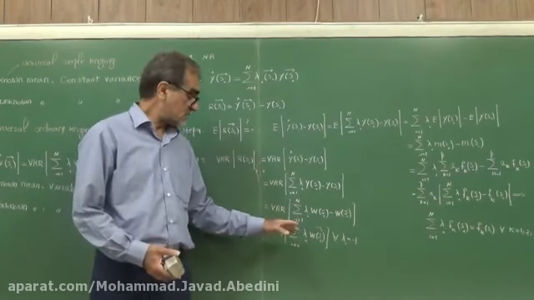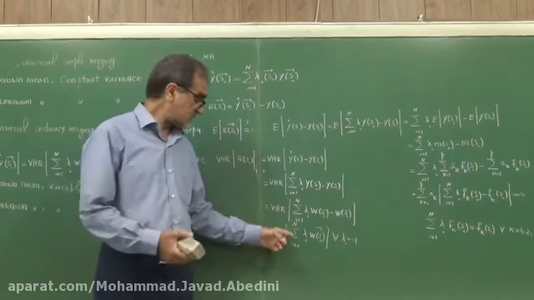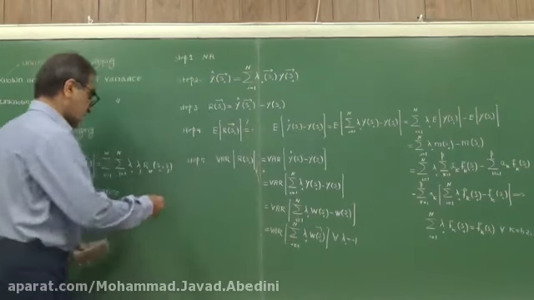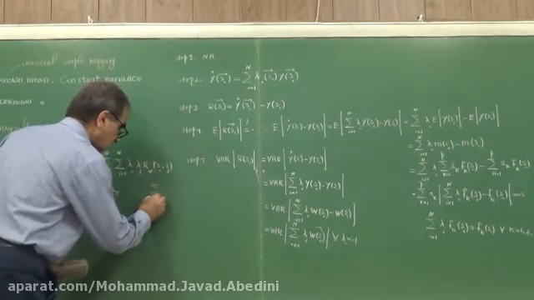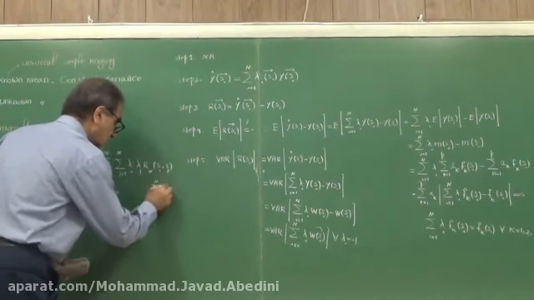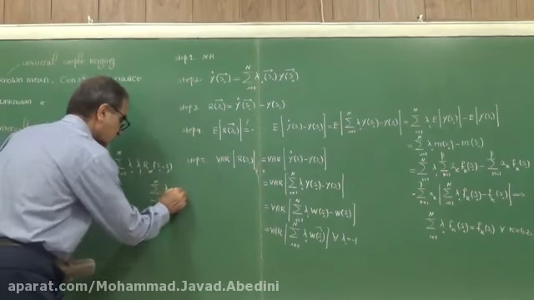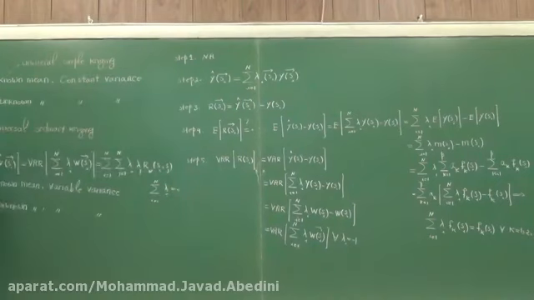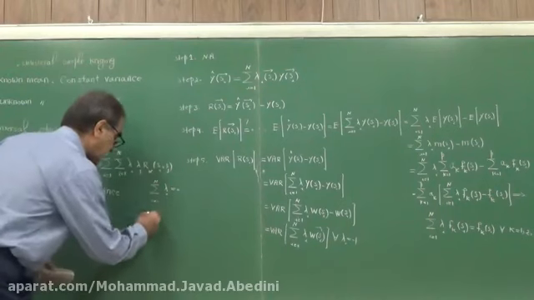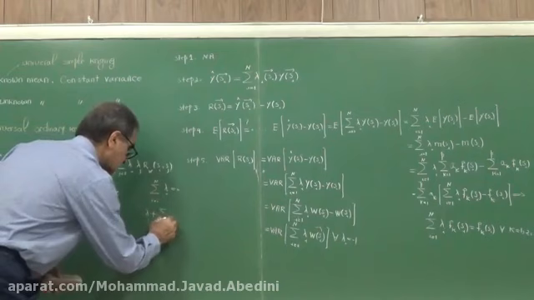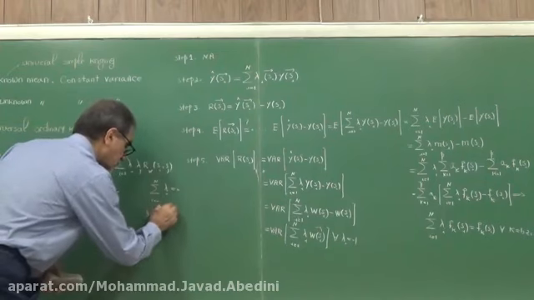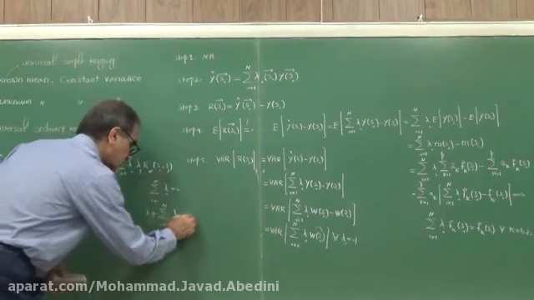Because if you expand this, you can write this as lambda 0 plus summation i from 1 to n, lambda i.